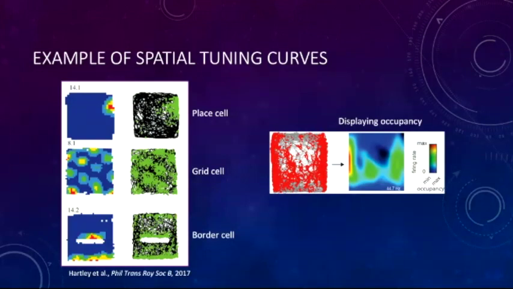Not only do you color code the firing rate of a neuron, again, so gray is the trajectory, red dots are the spikes, you transform it into a color-coded rate map, but you can also use brightness to code for the occupancy. Okay, so you convey even more message in a single figure, and that tells really a lot to the reader.